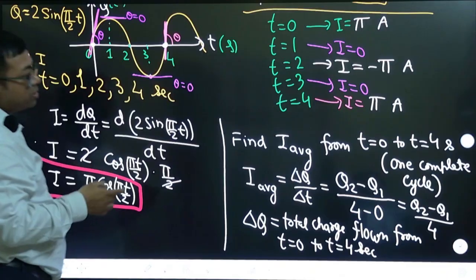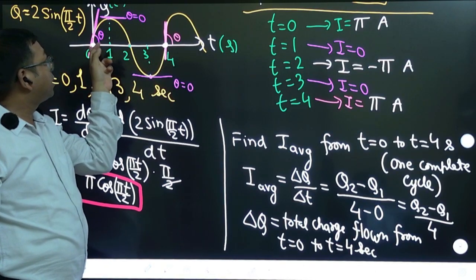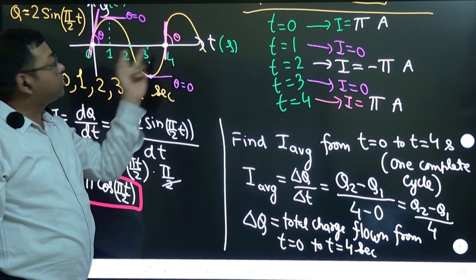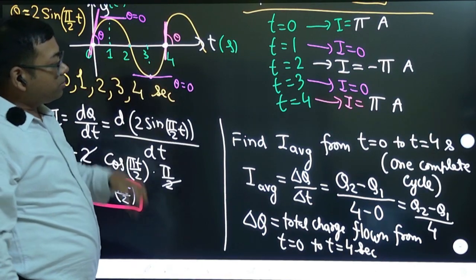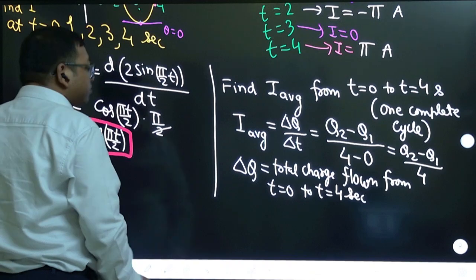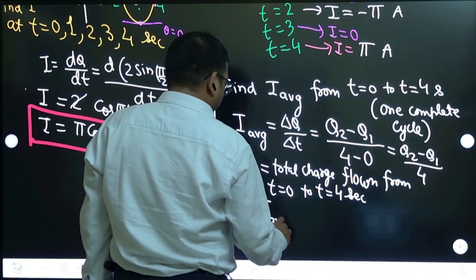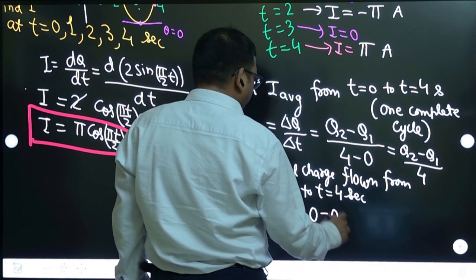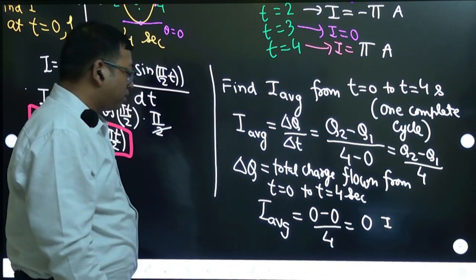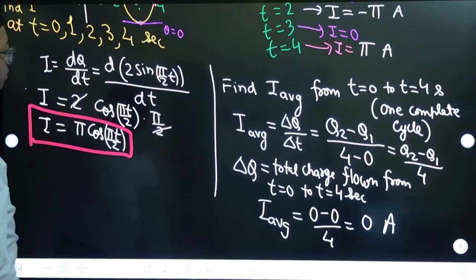The instantaneous charge at 0 and at 4 are both 0, so 0 minus 0 divided by 4 will give 0. That means average current becomes 0 ampere. But there is another way also. Let us think in another way how to calculate average current.